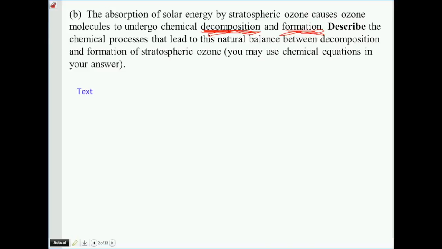Basically, this would be like a charged oxygen atom. And you could also write it another way. You can write it either way.